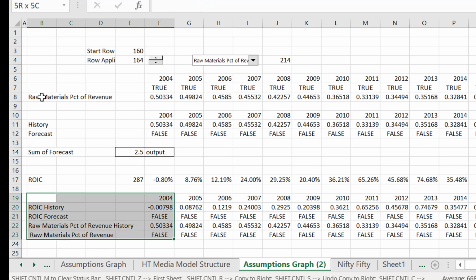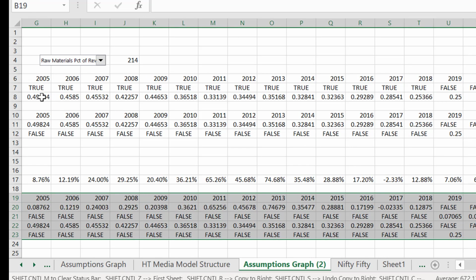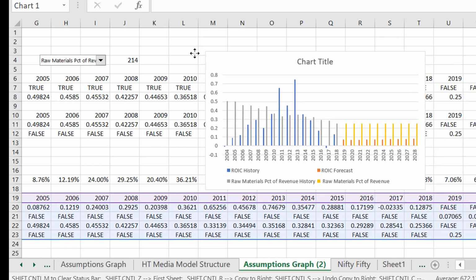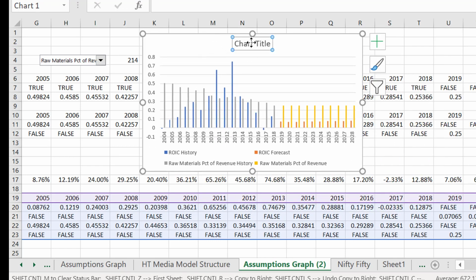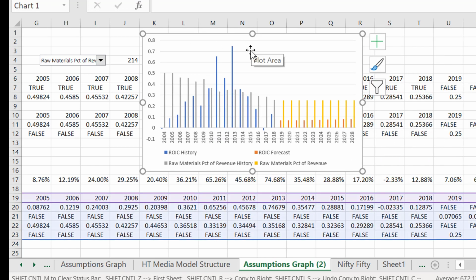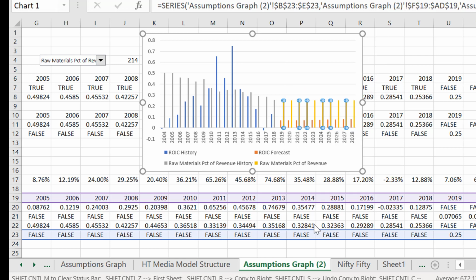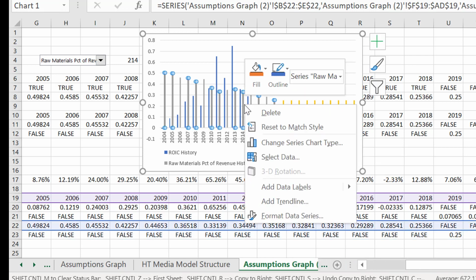Okay. And let's press alternate F1 and see kind of what it looks like. I would think maybe now we can change the different chart types, and I think we should make the, this is not the right one to do.